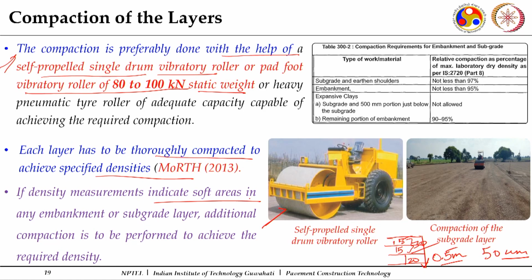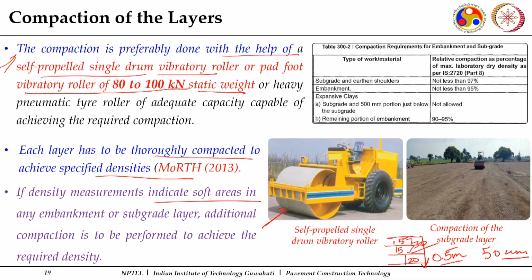If density measurement indicates, and while compaction you can see certain loose spots, the loose spots may be there because while compaction either the moisture content was quite high, or at certain locations the compaction was not done properly. So, you may have to again add some water and do some recompaction.